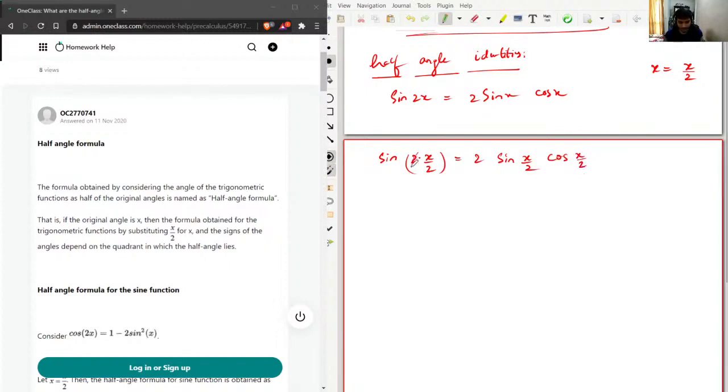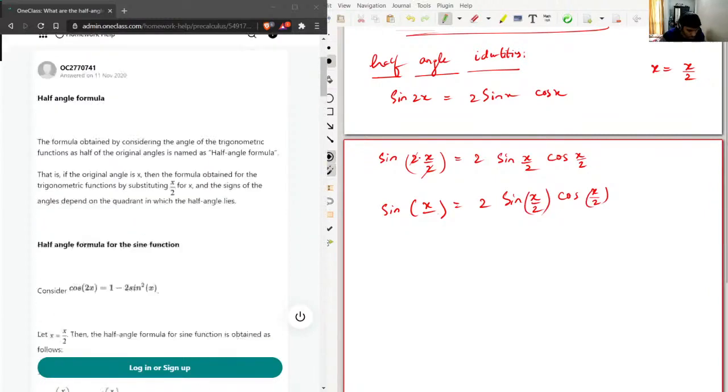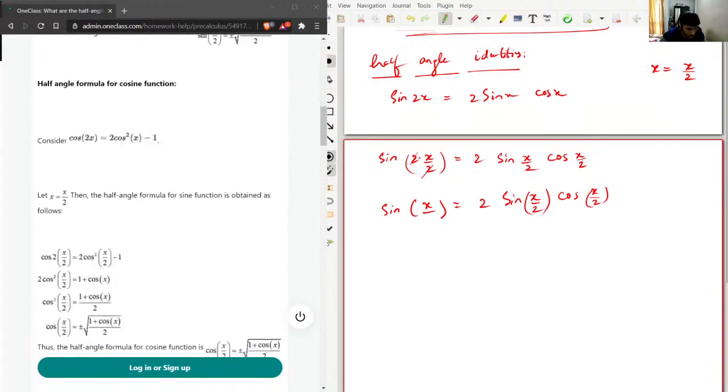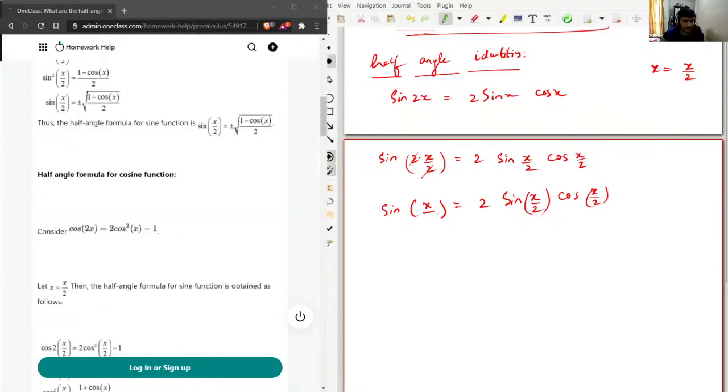And this 2 and this 2 can get cancelled, and this will become sine x, which is 2 sine x over 2 cosine x over 2. They haven't done this half angle formula for the sine function.